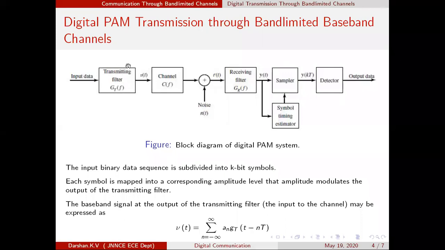The pulses won't get generated at the same time. At every T second duration, one pulse would get generated. That is the meaning of t minus nT. This is how you have to understand this particular equation. So now, this is the basic pulse amplitude modulated signal, the PAM signal. P refers to pulse, A refers to amplitude, M refers to modulation.